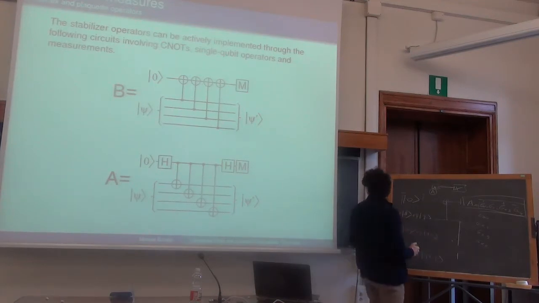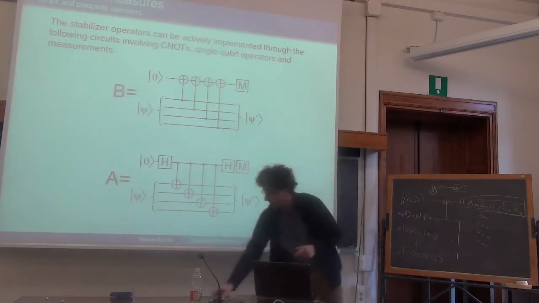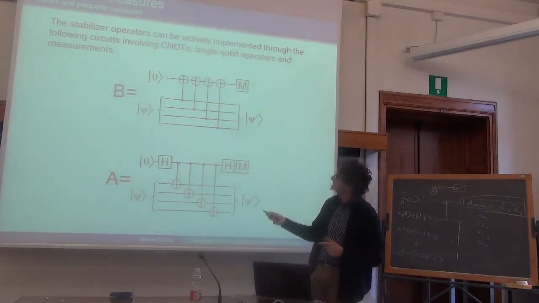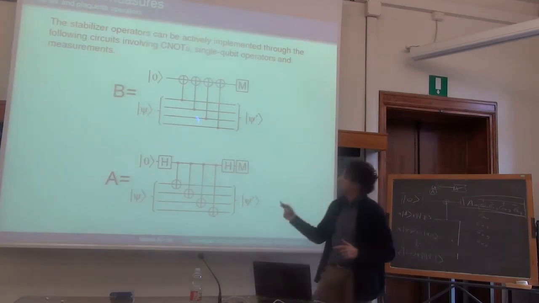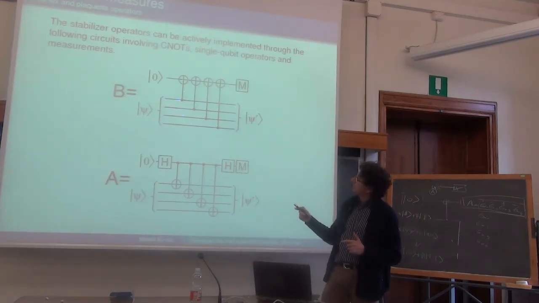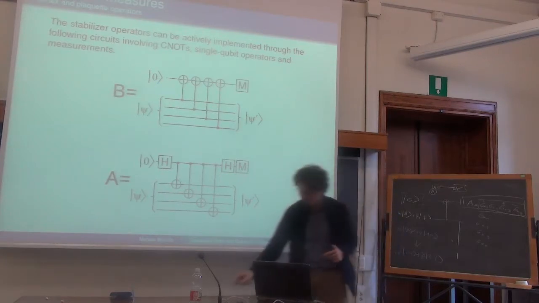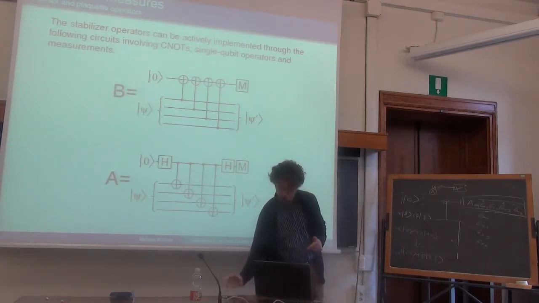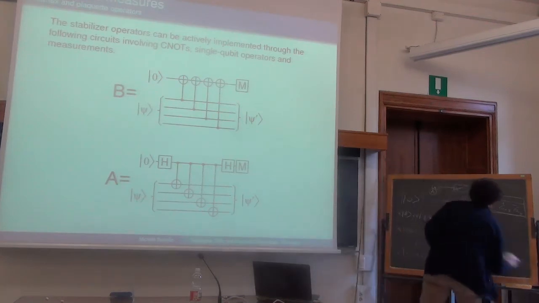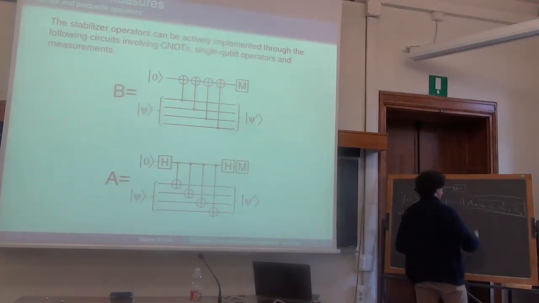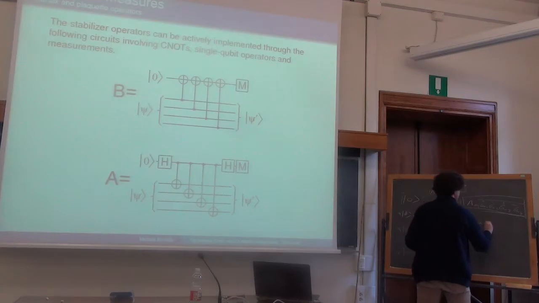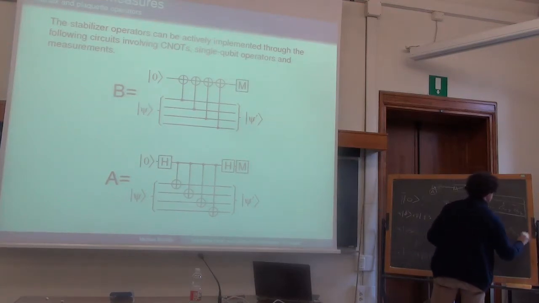So you may see that the B operator is simple to interpret, because essentially I am in the Z basis and I flip this ancilla each time I meet a 1 in the 4 physical qubits, so that I am really able at the end of the day to measure the operator B, which was the product of 4 sigma Z, so it's Z1, Z2, Z3, Z4.